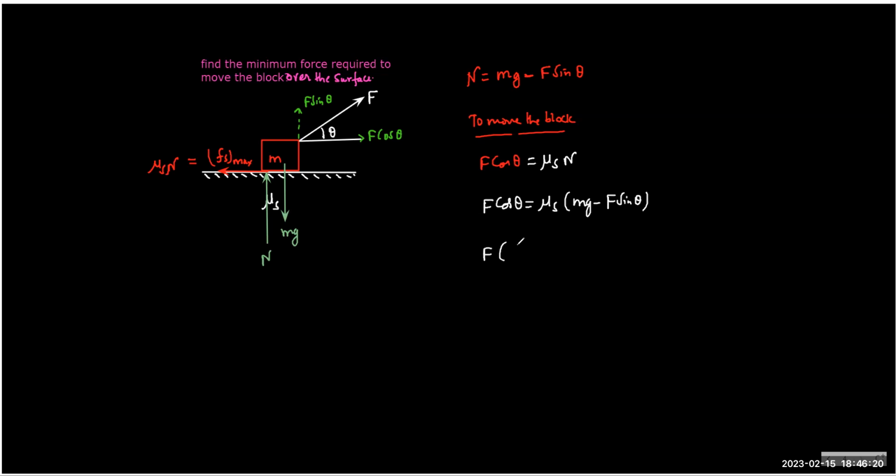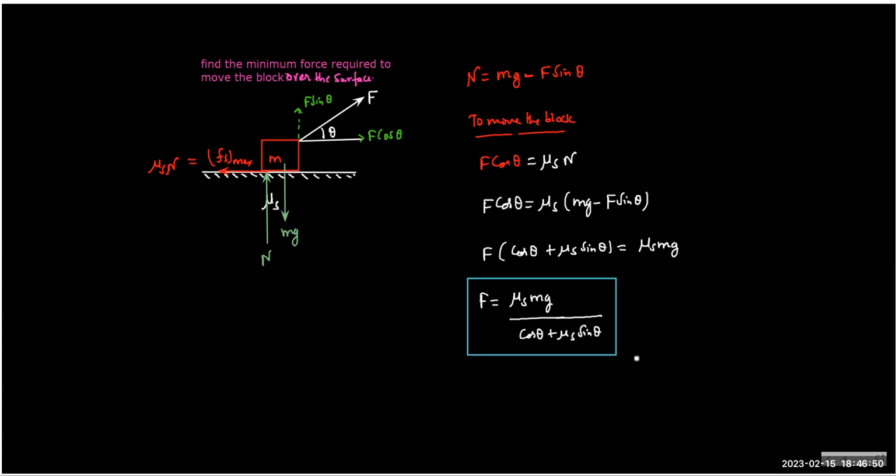And if you rearrange, you will get f equals μs mg upon cos theta plus μs sin theta.